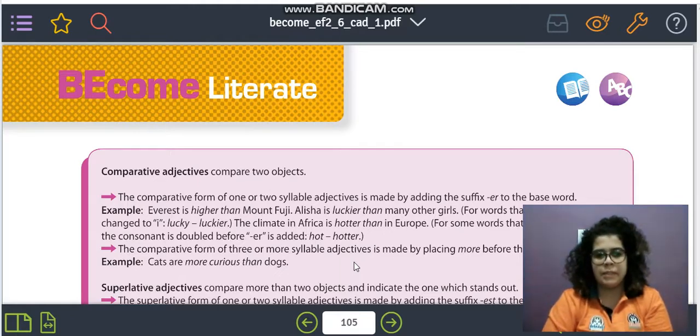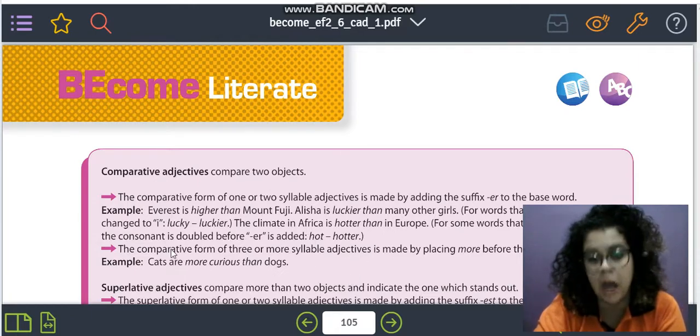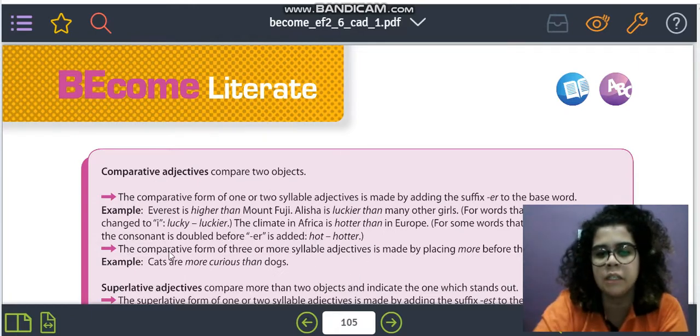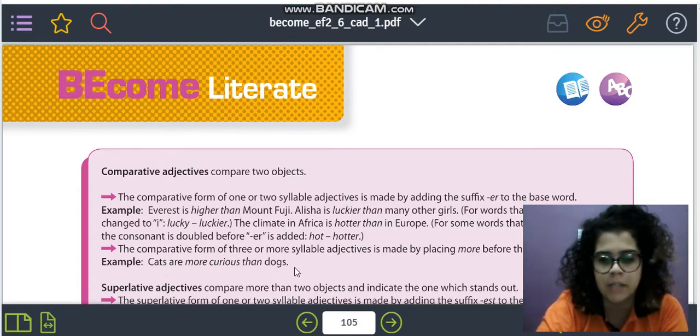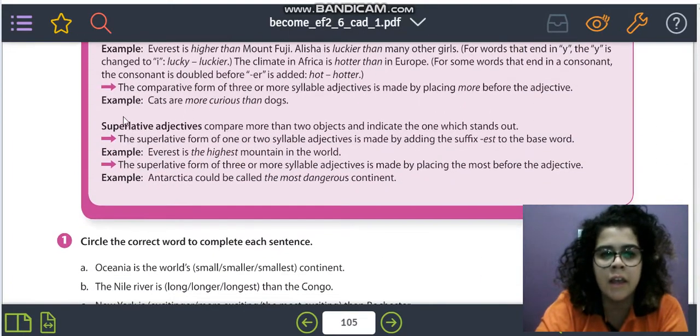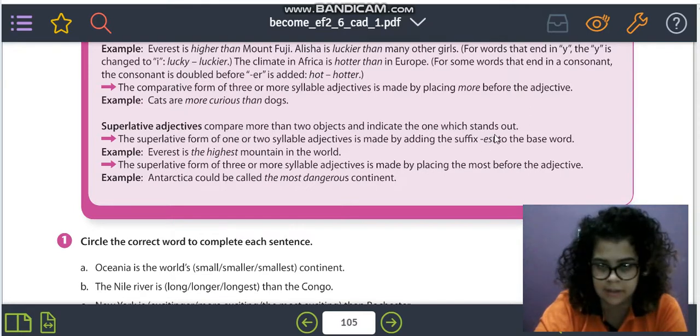Okay, no problems. So the comparative form of three or more syllables is made by placing more before the adjective. Example, cats are more curious than dogs. The superlative adjectives follow the same rule, but instead of adding the suffix er, we are going to add the suffix est to the base word.